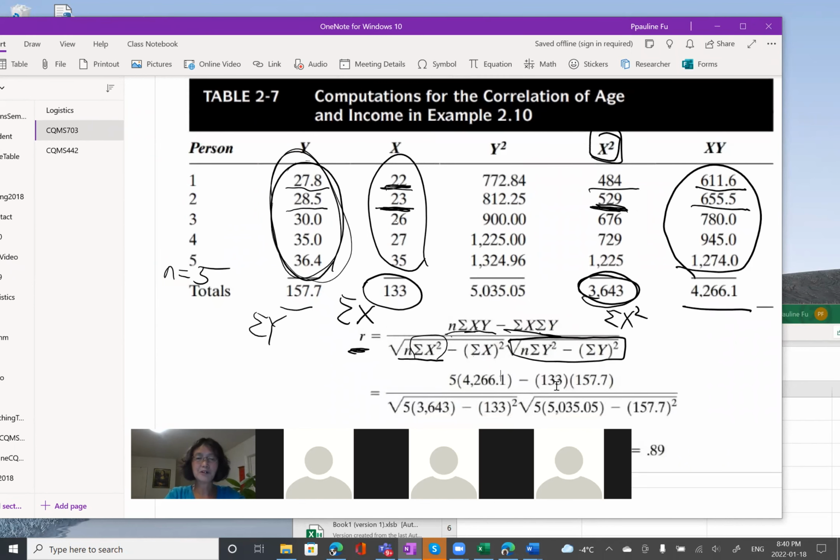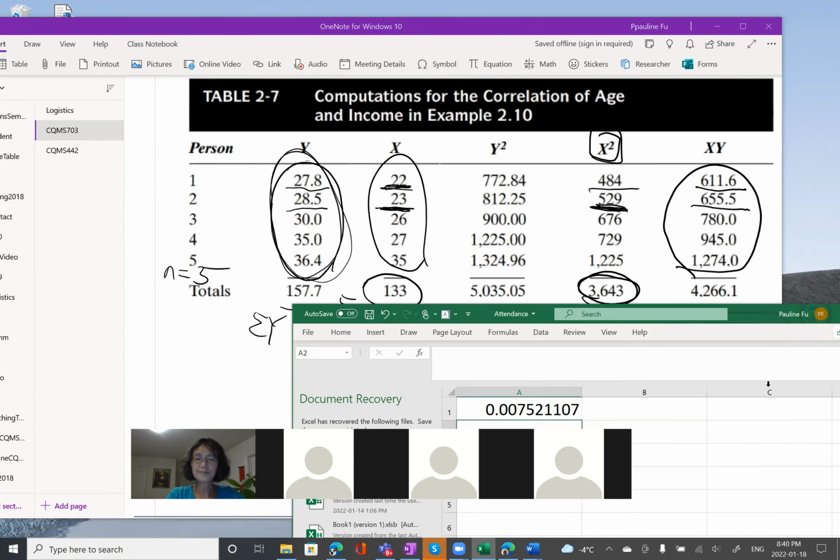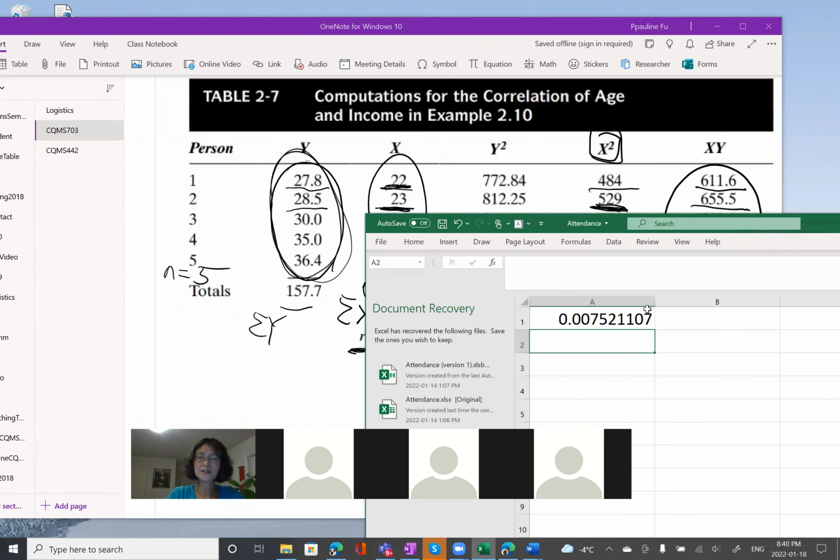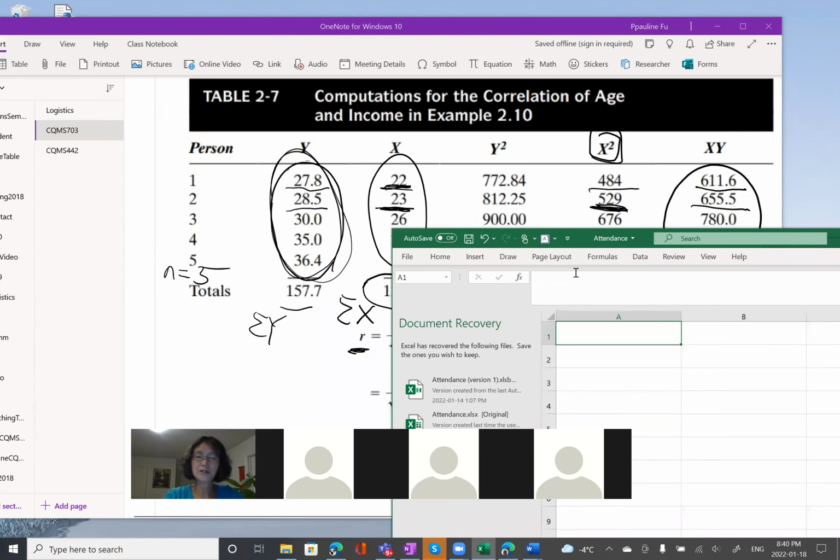Any questions before I move on to Excel? So using Excel, how do you calculate the linear correlation coefficient? I need maybe a few moments, just maybe one minute, to type in all the values. Maybe this is y, this is x.